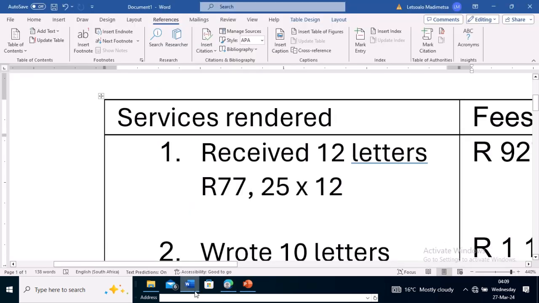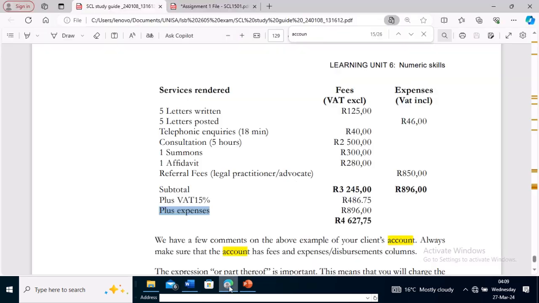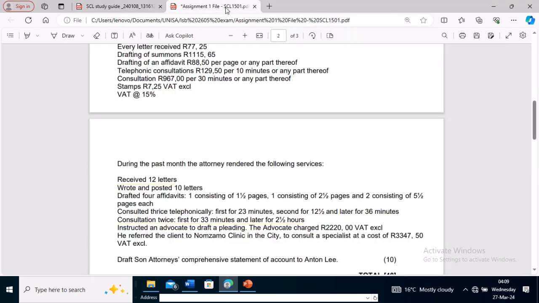Okay, let me go here. Let's start with the question paper. In the question paper, it states that they received 12 letters. Before you start, we check the first one. It says received 12 letters.